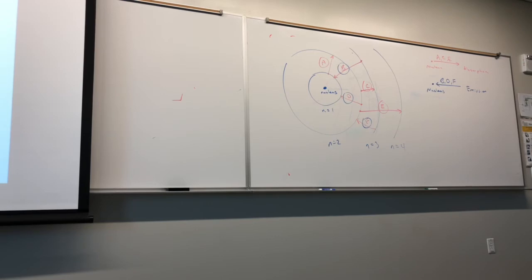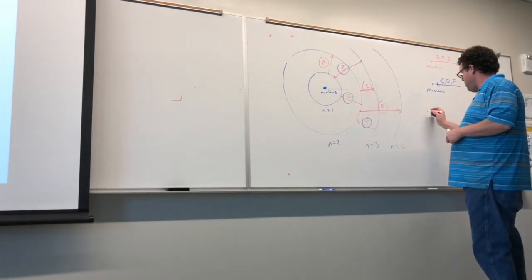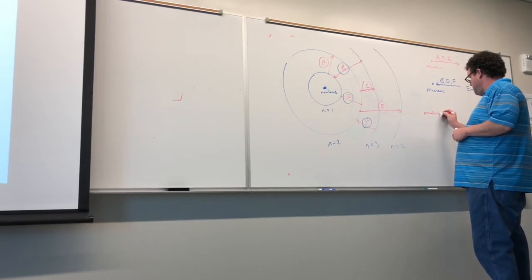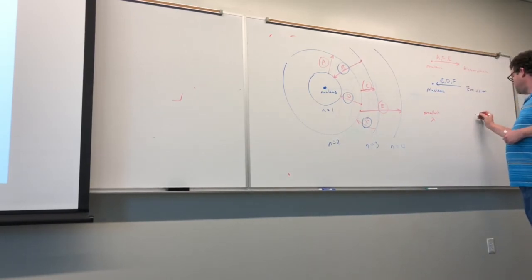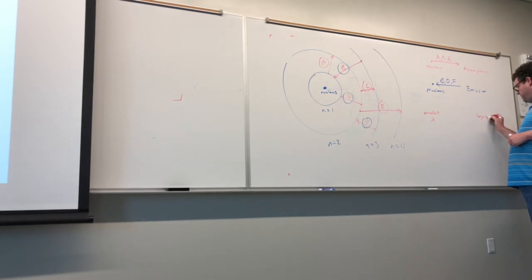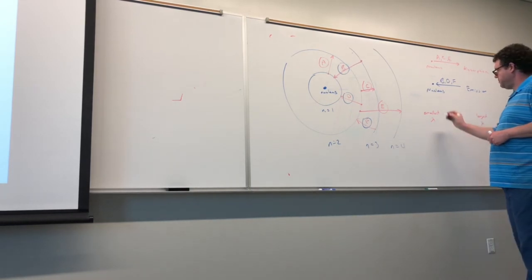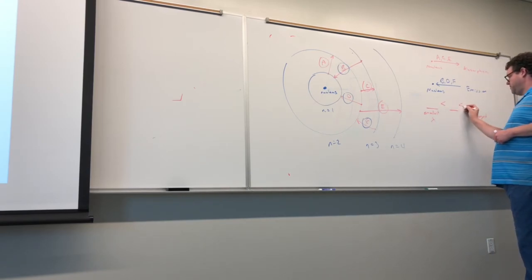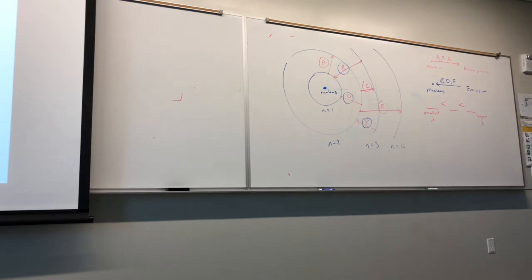Now, the first question is to rank the absorptions, that's the stuff on the top, those three, A, C, and E. Rank the absorptions by wavelength, okay? That means I want to go from smallest wavelength to largest wavelength.